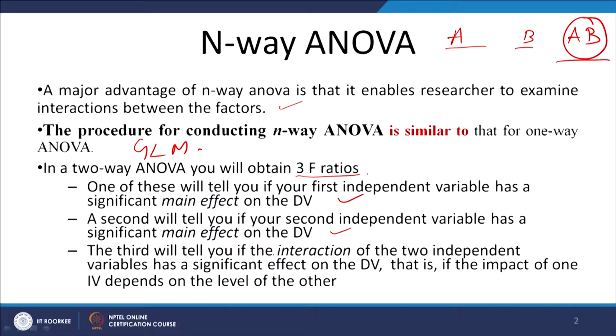The third tells us the interaction of the two independent variables, factor 1 and factor 2 taken together, that is, whether the impact of one independent variable depends on the level of the other or not. This is the interaction effect. So, these 3 F ratios are determined during the N way ANOVA, right. Let us take this example. In the last class we had done one, so today we will do one more, right.